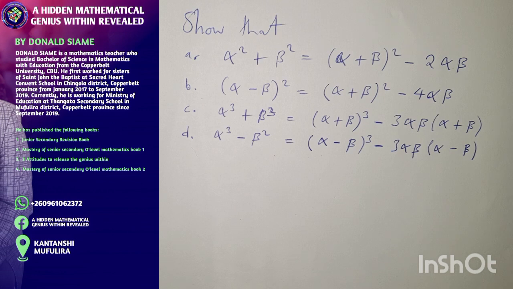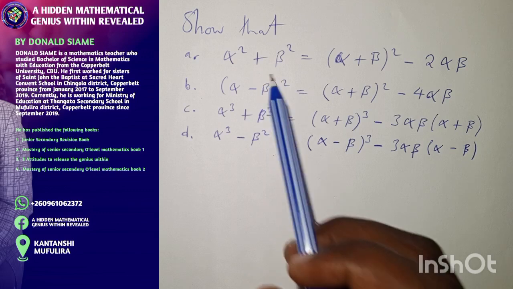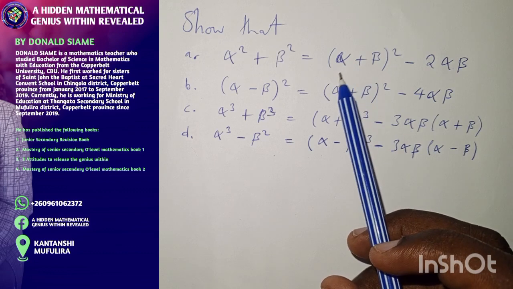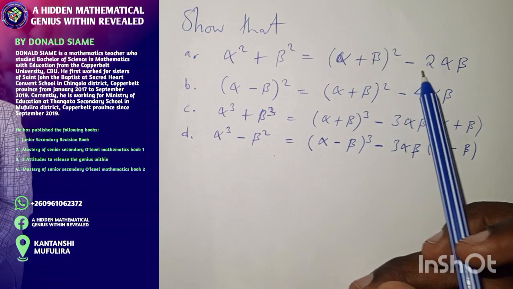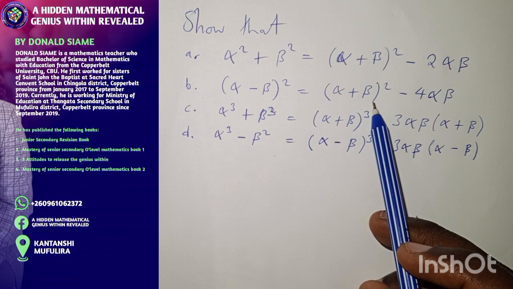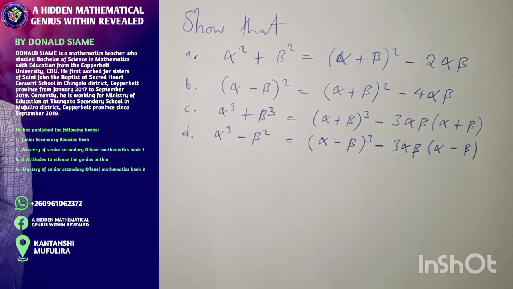Okay, so today I want us to talk about roots of quadratic equations. These are some of the properties of roots of quadratic equations. We have alpha squared plus beta squared is equal to the square of alpha plus beta minus 2 alpha beta. Then we have the square of alpha minus beta is equal to the square of alpha plus beta minus 4 alpha beta.